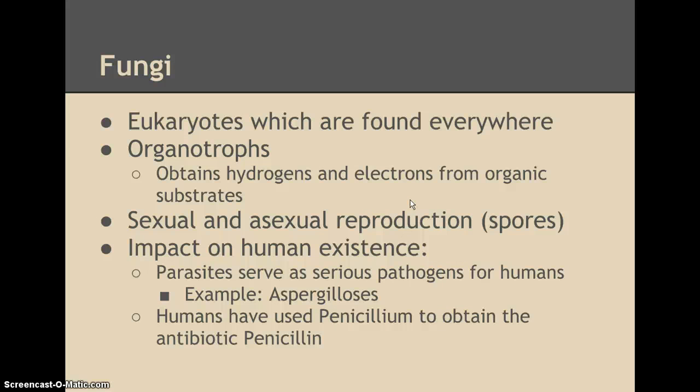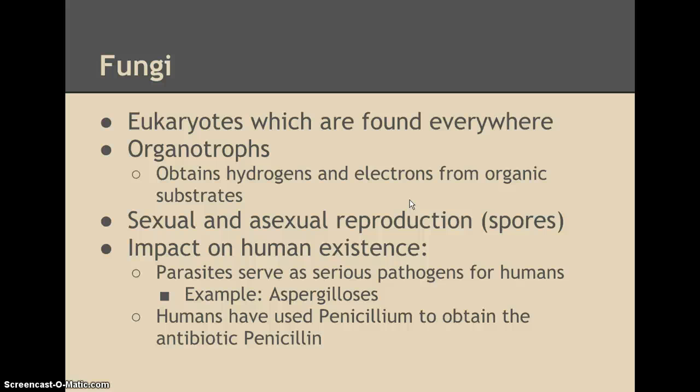The next kingdom was fungi. They are also eukaryotes, which can be found most places. They're organotrophs, which means that they obtain hydrogens and electrons from organic substrates, and that's how they power themselves. Again, they can reproduce sexually or asexually.